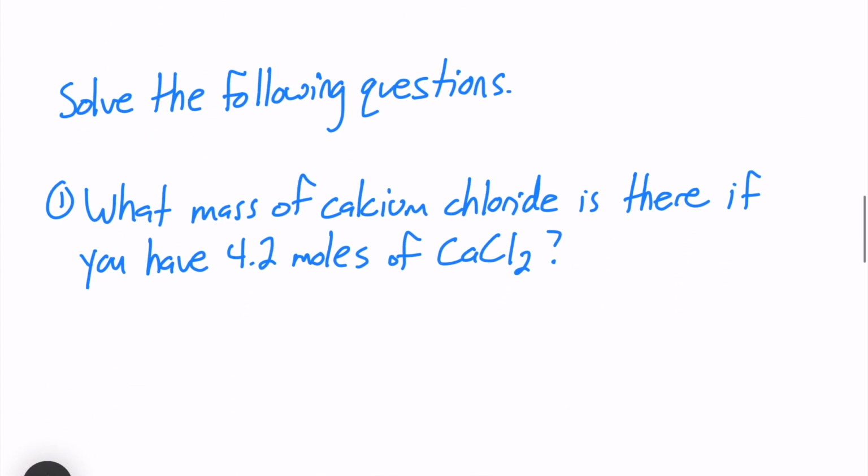It says, what mass of calcium chloride is there if you have 4.2 moles of that CaCl2? So first off, in a previous video, we also discussed solving for the molar mass of a substance. So if we are dealing with the mass of a substance, the first thing we should think of is figuring out the molar mass of that substance.